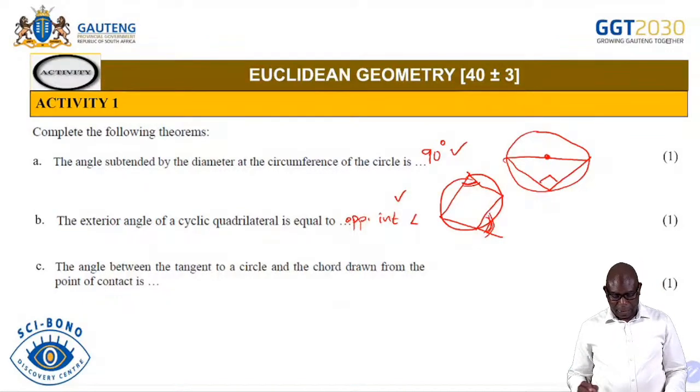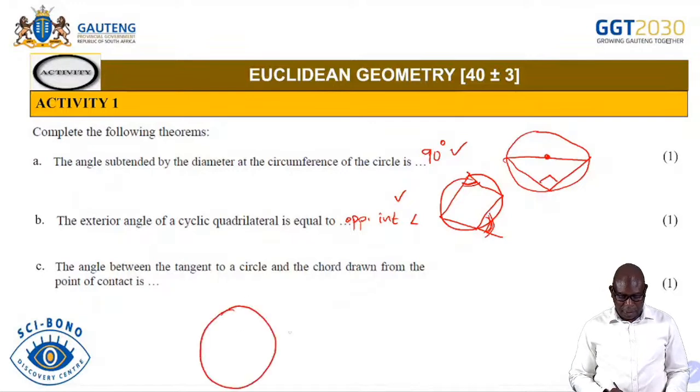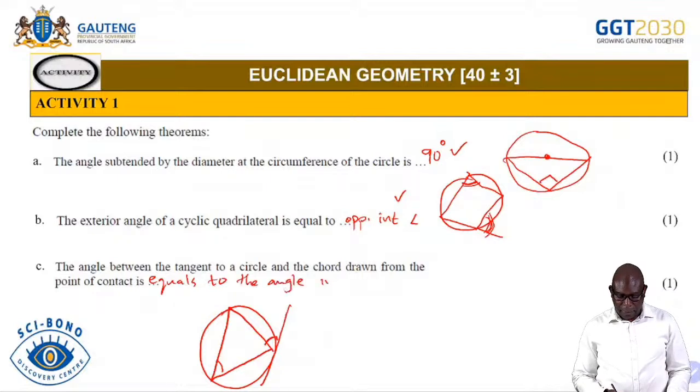The last one there says the angle between the tangent and the chord. So I've got an angle, I've got a tangent, and I've got a chord. So the angle between the tangent and the chord, at the point of contact here, will be equal to the angle in the alternate segment.